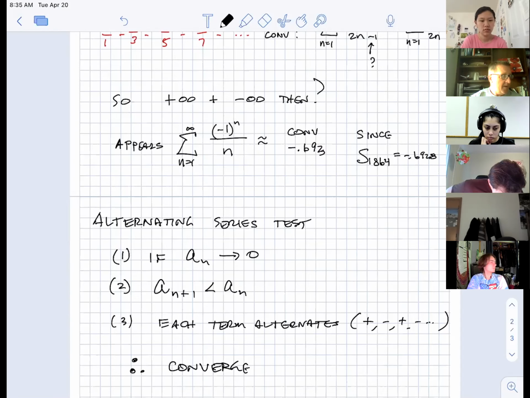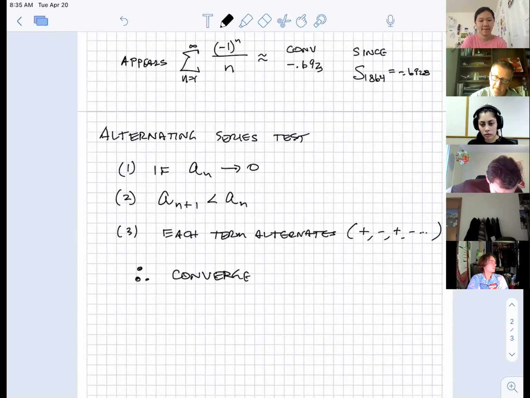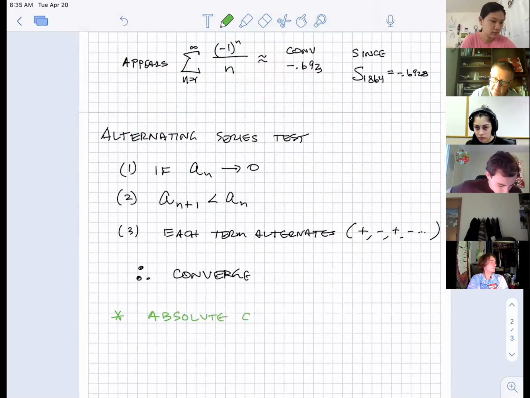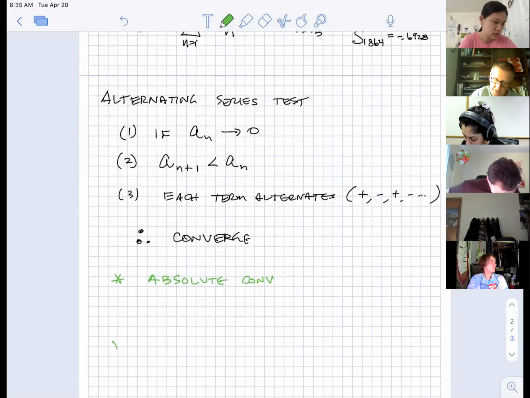Now, there's a fine point to this. There's just a little bit of terminology. I guess I'll throw it in right now because this is in your assignment. I guess I haven't figured out a ton of significance to this. There's absolute convergence, and there's also conditional convergence.